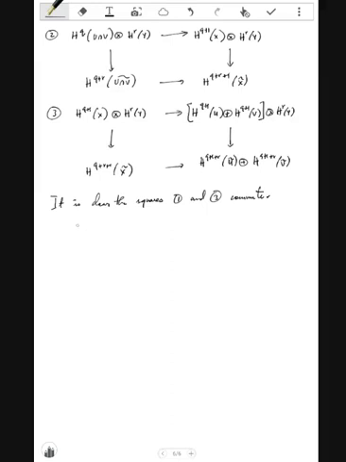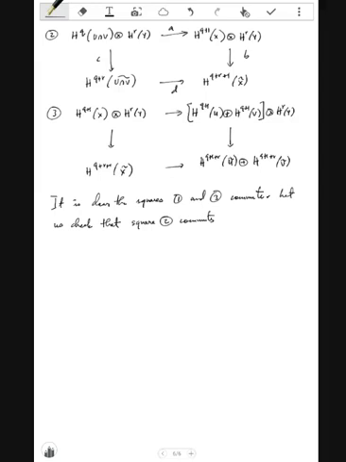So let us check that square 2 commutes. Let's give these maps some names: A, B, C, D.